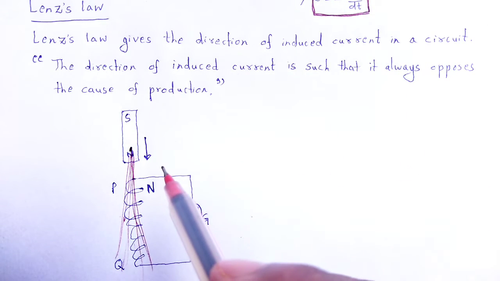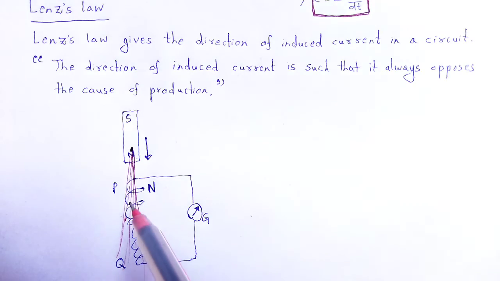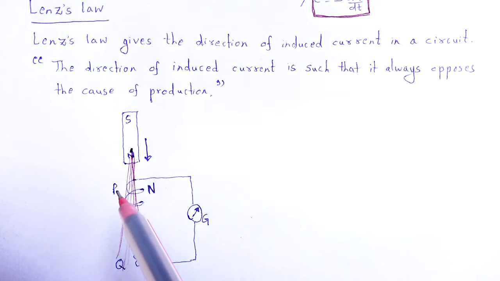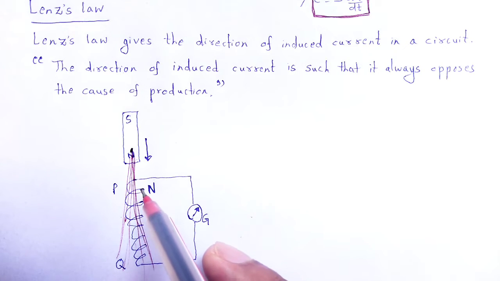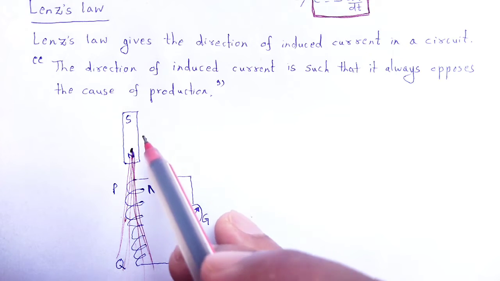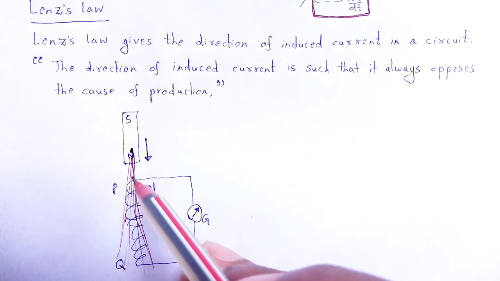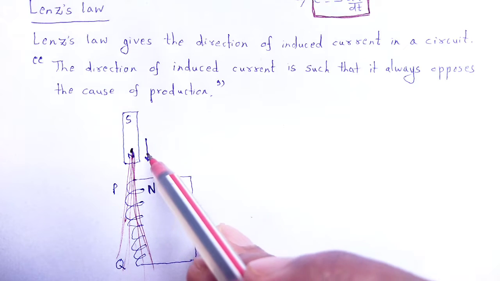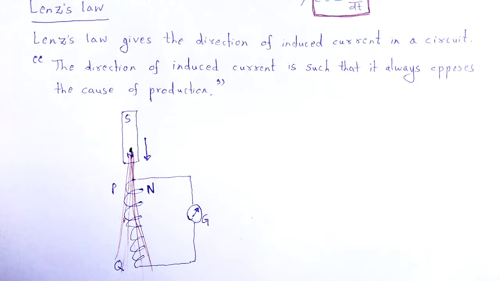So, here, opposite to the north pole, there will be the south polarity. North polarity is developed here, means repulsion takes place. It opposes, due to repulsion, the downward motion of the bar magnet, which is the cause of induced current in that coil.